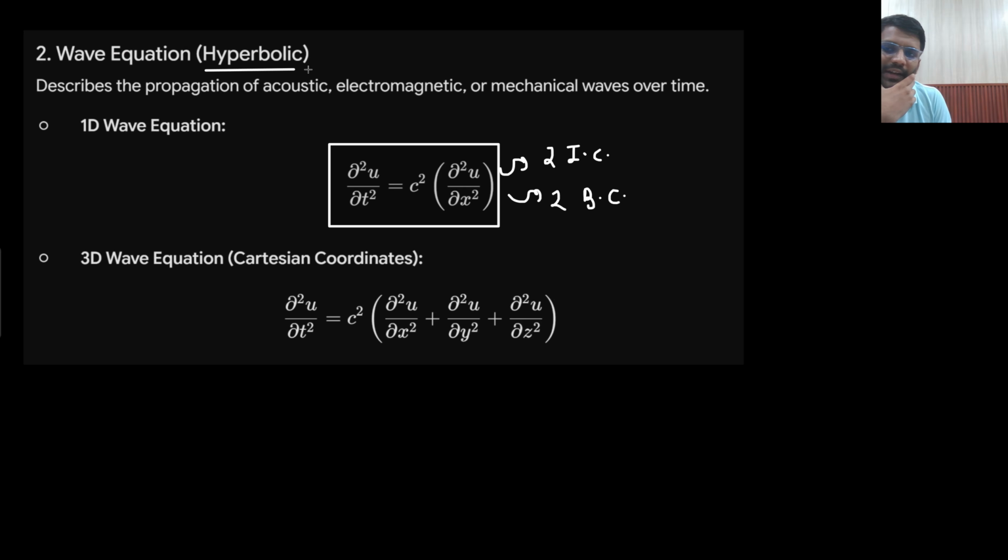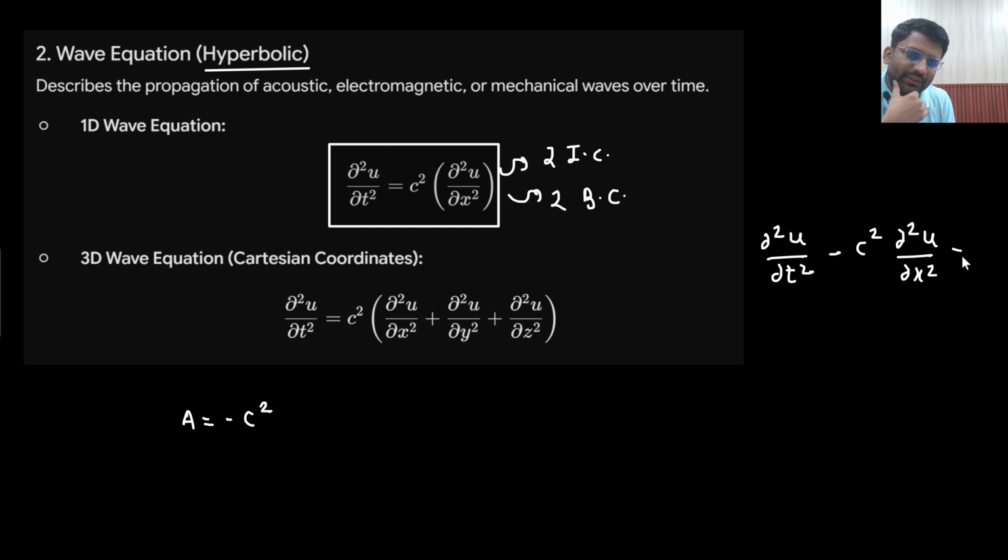What will be the nature here? Hyperbolic. Why is that so? See it, you do it on your own. What is the value of a? If you write this equation as del square u by del t square minus c square del square u by del x square equals 0, the value of a is minus c square, small c.